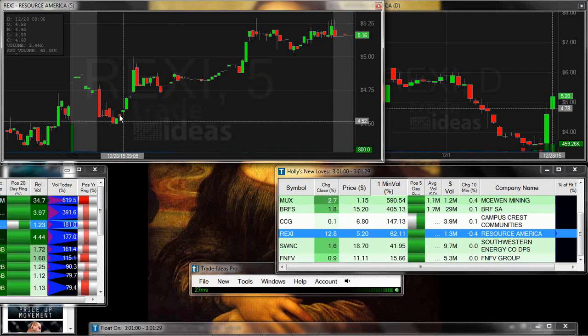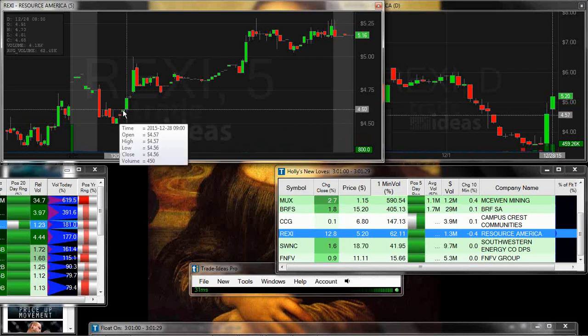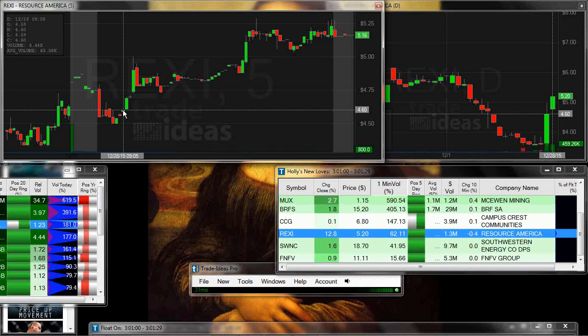And I think I made a mistake there. In this bar right here, 450 shares. In this bar right here, 3,500 shares. Which, once again, going back to the point, in a stock like this, I'm still going to get 500, 400 shares, because it's plenty liquid, even though it doesn't look like it on the chart.